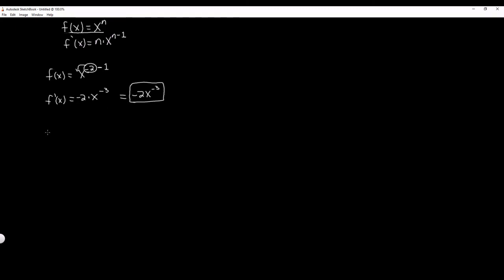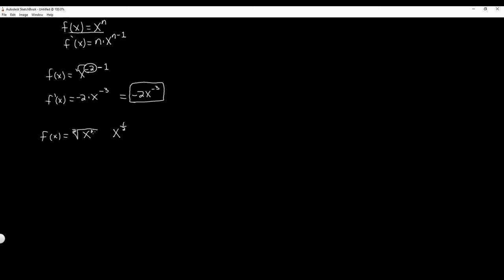So for problem number 4, try this one yourself. f of x is equal to the square root of x. Okay. Well, if you look at this, is the square root of x in this form, some variable x raised to the power of n? Well, like this, no, it's not. But the square root of x is the same thing as x raised to the 1/2 power. Because this is x to the first, and the square root of x has an implied index of 2 here.